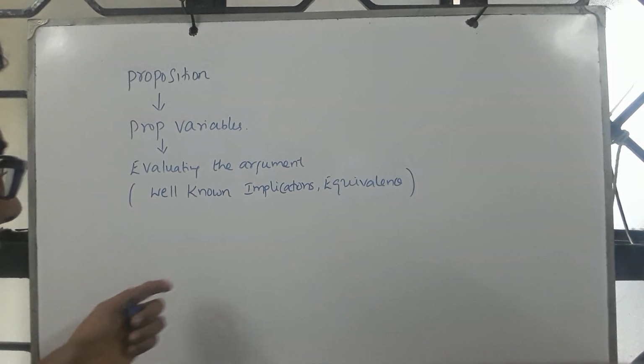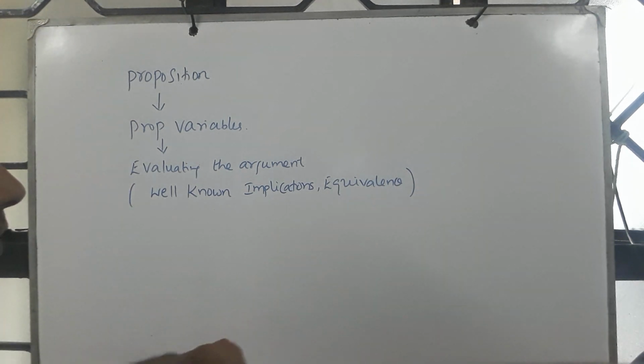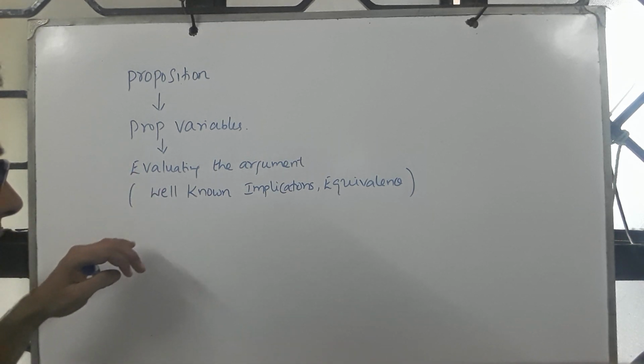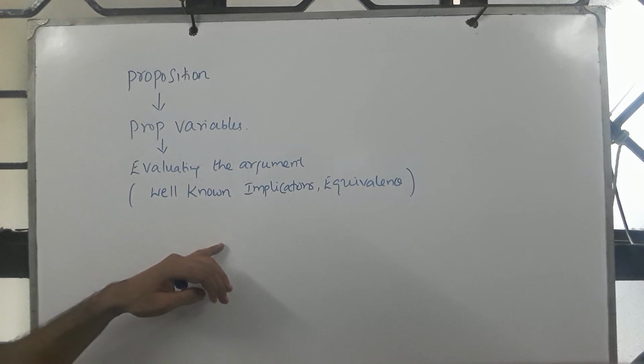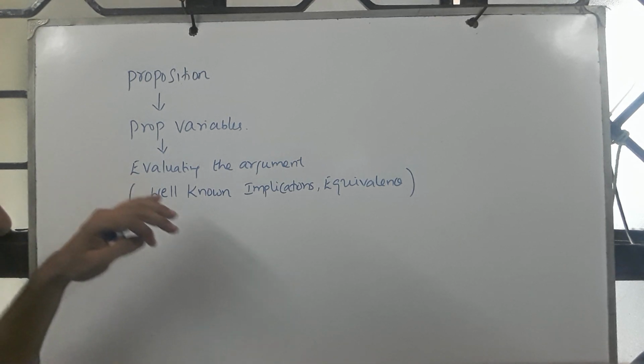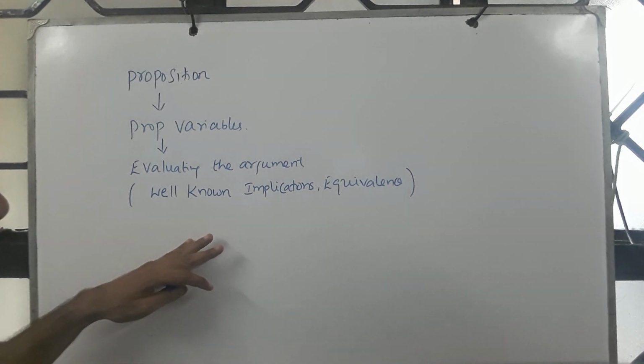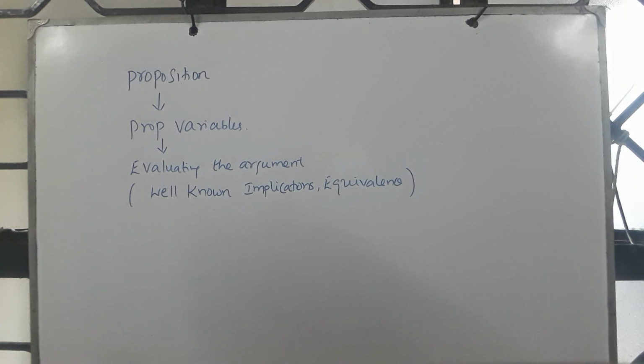So with the help of implications and equivalence, we were able to simplify and comment about whether the conclusion follows from the given premise or whether the given argument is valid and so on. This is good. This is really what we want to achieve as part of first order logic.